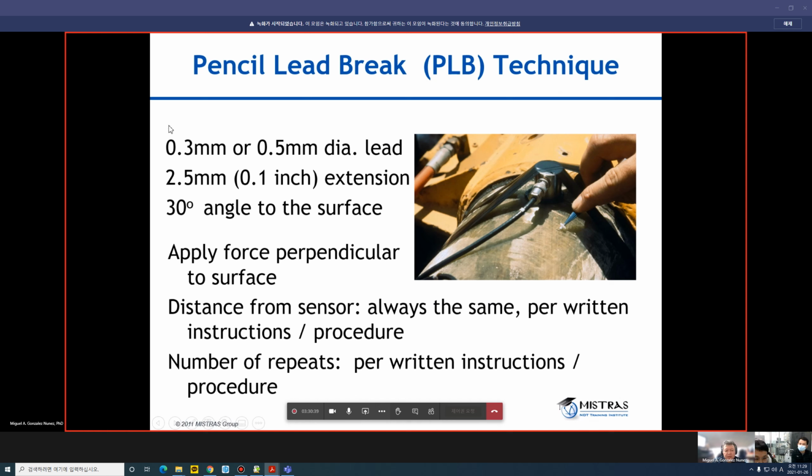You can use a 0.3 millimeter or 0.5 millimeter diameter lead, and the length of the tip has to be around 2.5 millimeters extension. The inclination of the pencil with the surface has to be around 30 degrees, as you can see in this picture. This angle here is about 30 degrees.